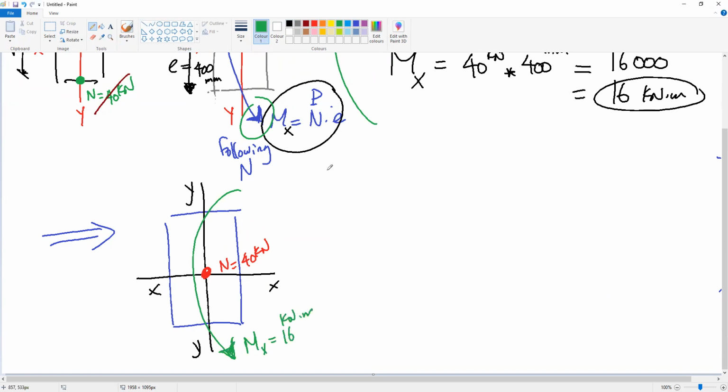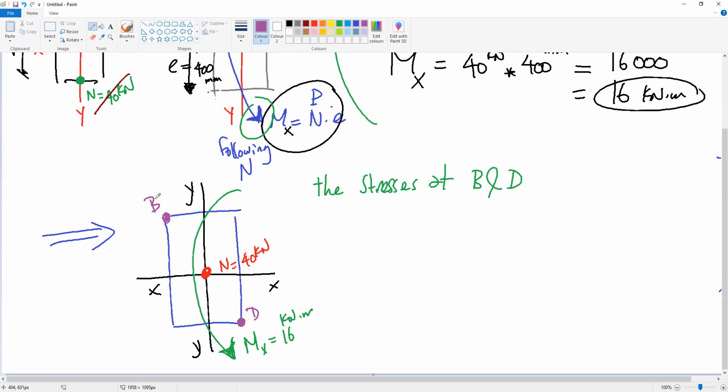And we need to find the stresses at points B and D. Okay, here is point D from the head of the question. Here is point D, and here is point B.